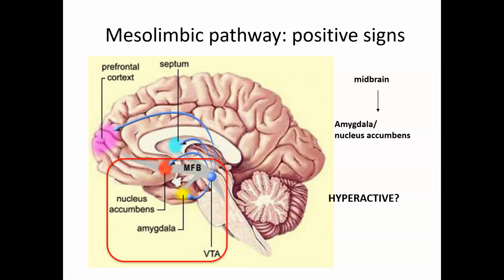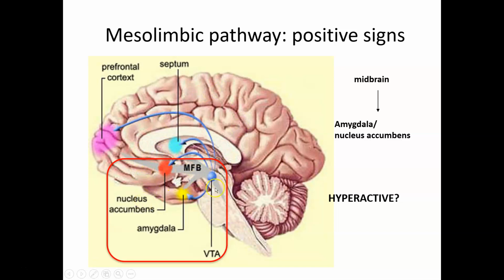And as we talked about before, this is what we sometimes refer to as the addiction pathway because the mesolimbic pathway is also very, very responsive to drugs. Drugs with addictive potential basically hijack these circuits and produce abnormal levels of dopamine firing. But it's also believed to be overly active in schizophrenia, basically producing these positive signs.